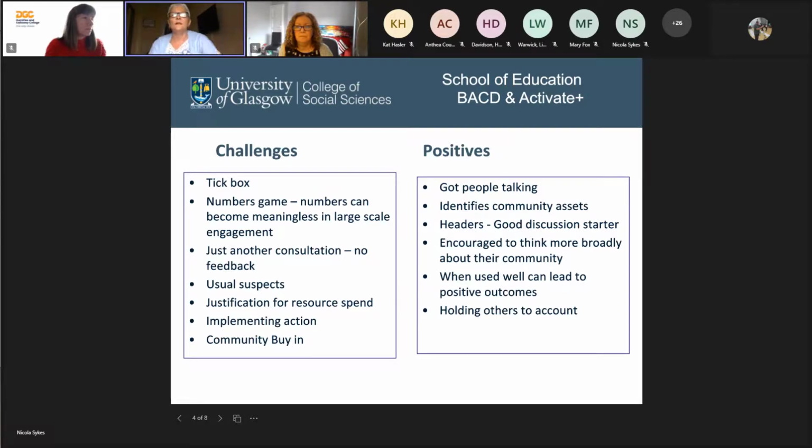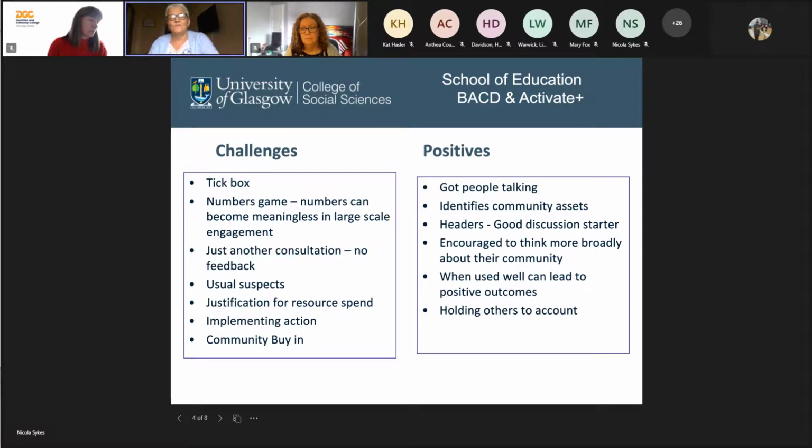When you look at those 14 areas, there are some aspects where you would have less information or knowledge. So this encouraged much deeper and broader conversations. And as we've seen earlier, when it's used well, it can lead to really positive outcomes for the participants, the students, and also for the community itself.